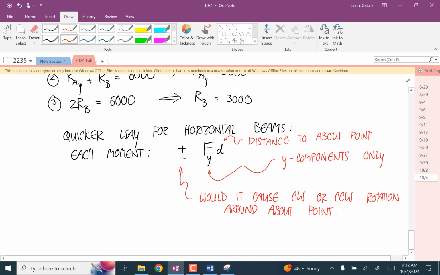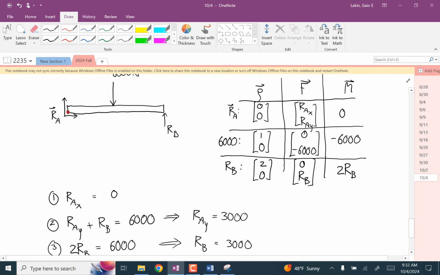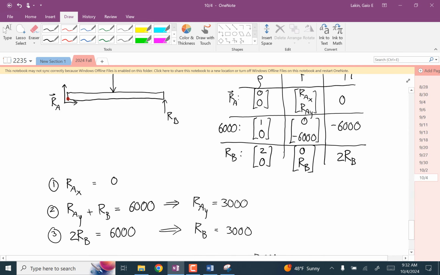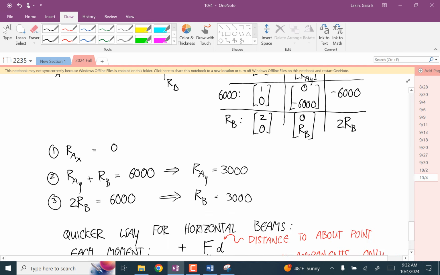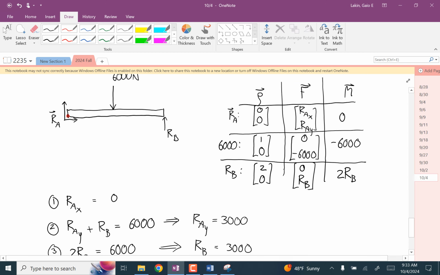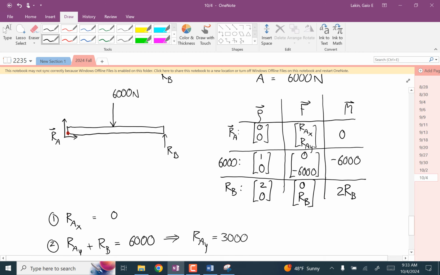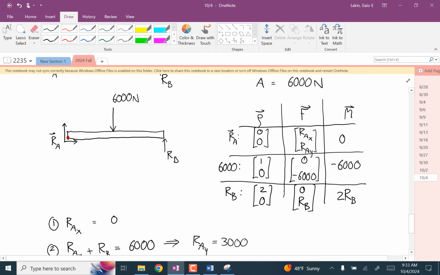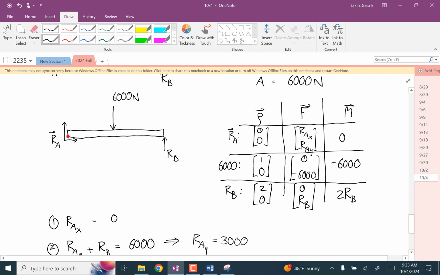Okay, so in this case, instead of writing out the table and stuff for the moments, we can just say RA doesn't produce any moment around the about point because it's at the about point.